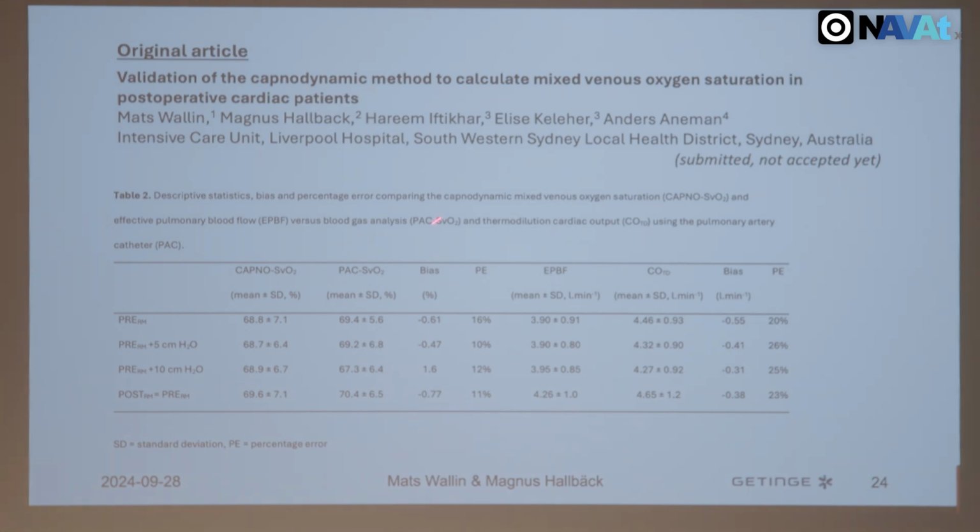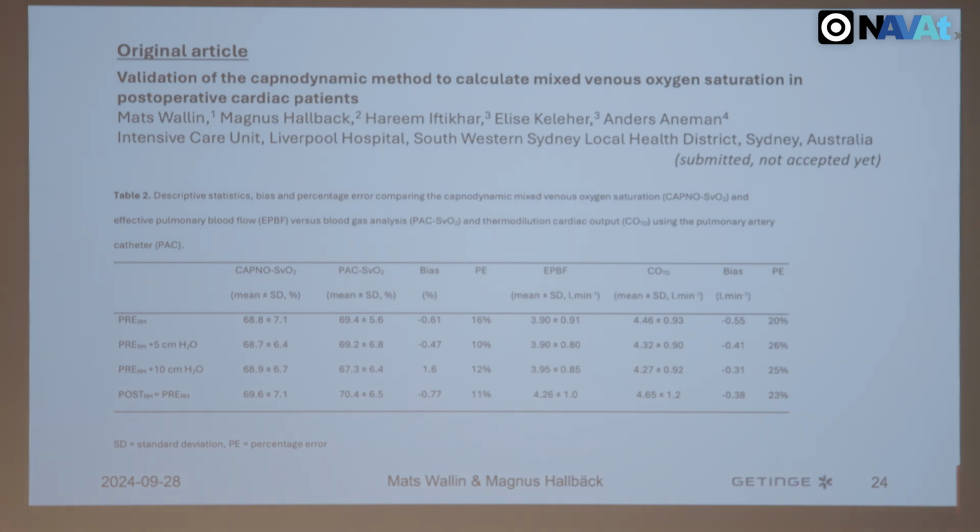And we also compared EPBF with cardiac output, but it's important to remember that this is a little bit like comparing apples and pears, because EPBF is not exactly the same thing as cardiac output. Cardiac output includes the shunt, so EPBF is cardiac output minus the shunt. But when we compare mixed venous saturation, we have the same entity to compare with.